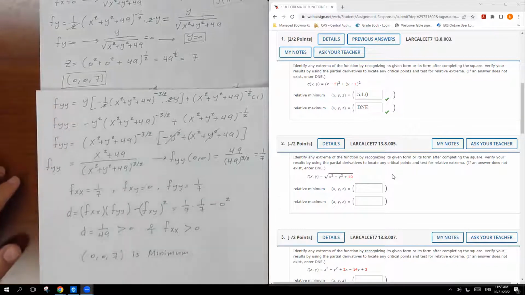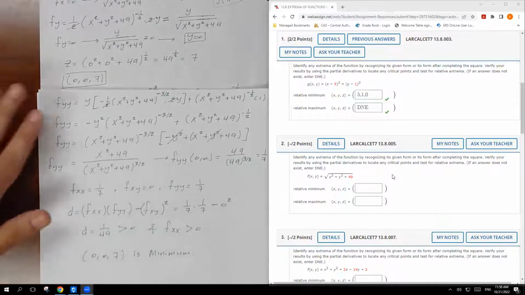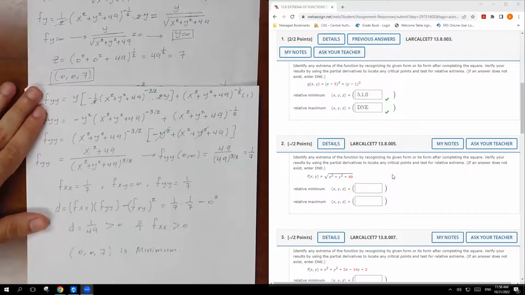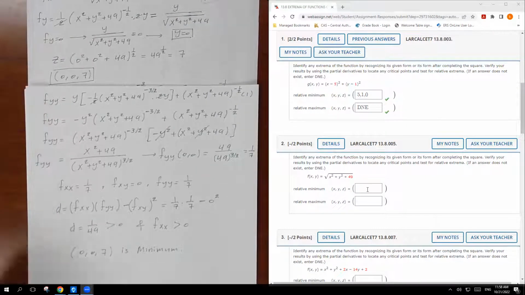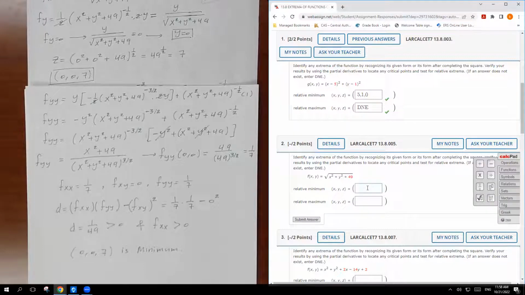So let's plug in this one. That's what we get. Extrema minimum, that means the point is 0, 0, 7.